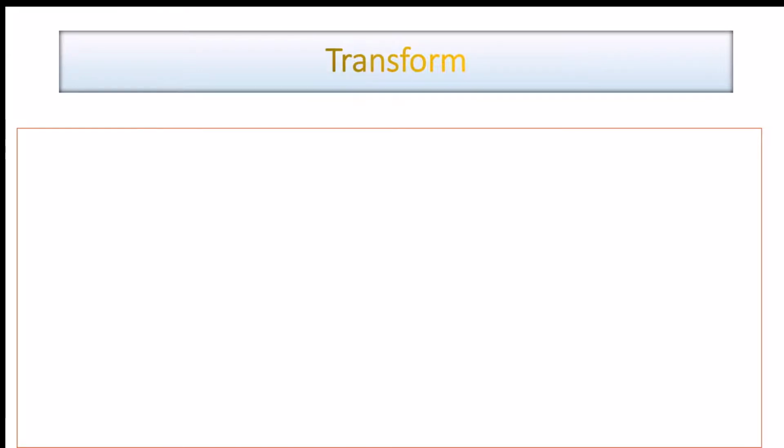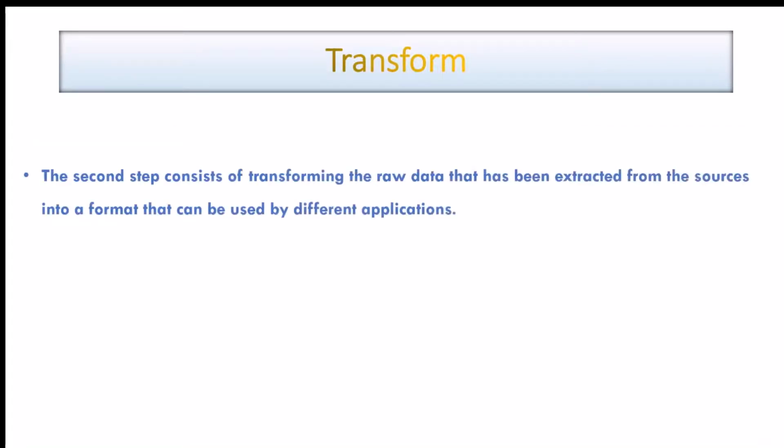Transform. The second step consists of transforming the raw data that has been extracted from the sources into a format that can be used by different applications. The second step of the ETL process is transform. In this, we know that the extracted data from different sources are raw. These data can be in different formats.